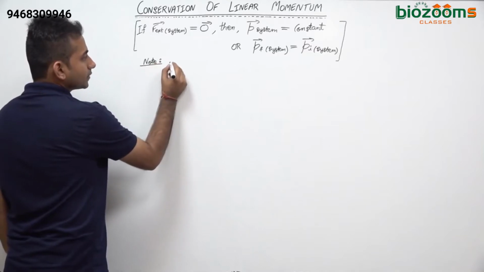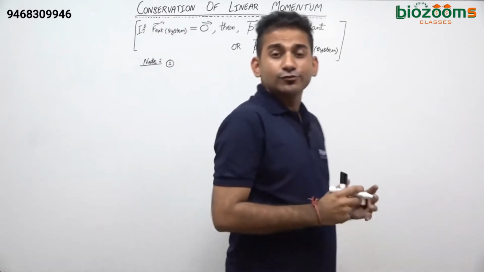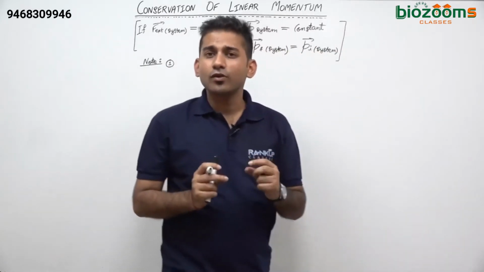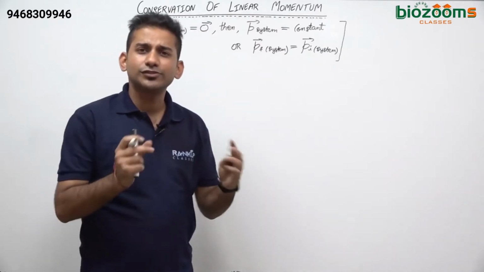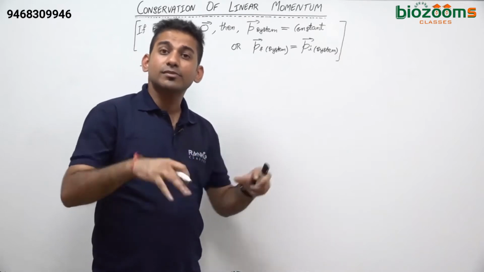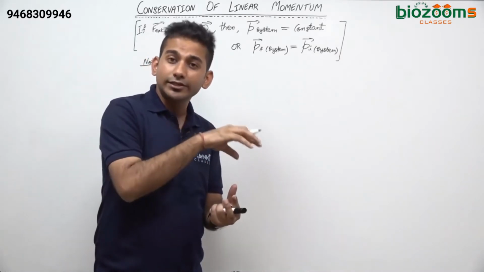The first one is, see, whenever we are saying external force acting on the system, one must think about what should be the choice of system. The system should be chosen in such a way that the maximum number of forces, or you can simply say all the forces, will become internal.